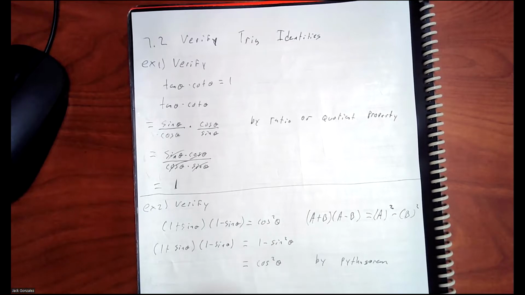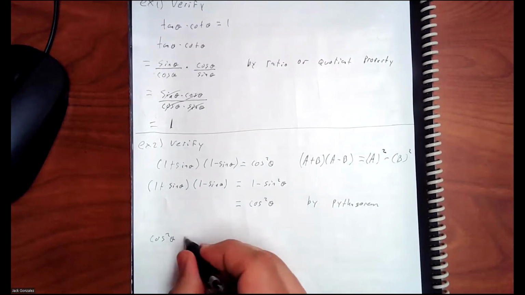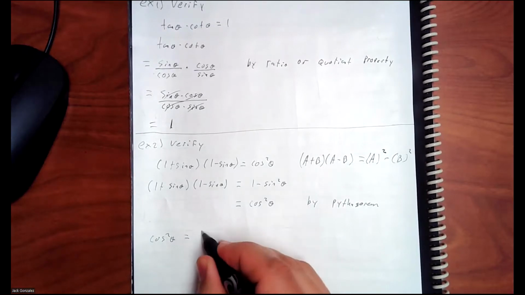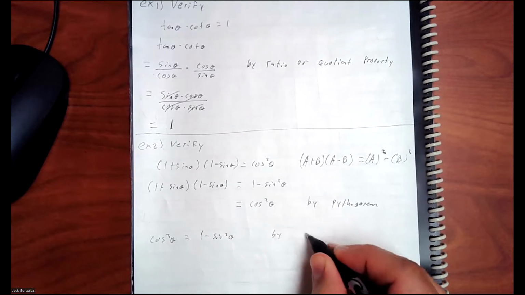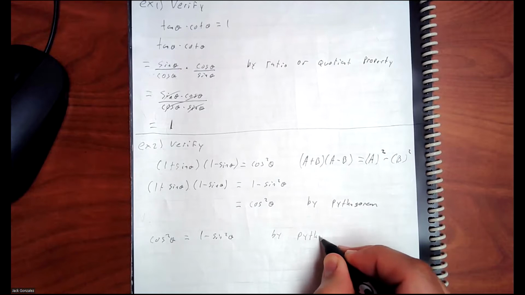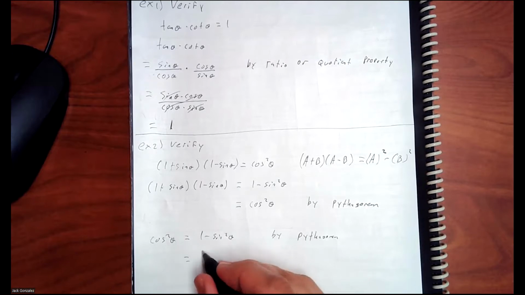Now, if I would have chosen to start here instead, I would have said, yeah, that's equal to 1 minus sine squared by Pythagorean. Then I would have said, well, this factors into a difference of squares, right?